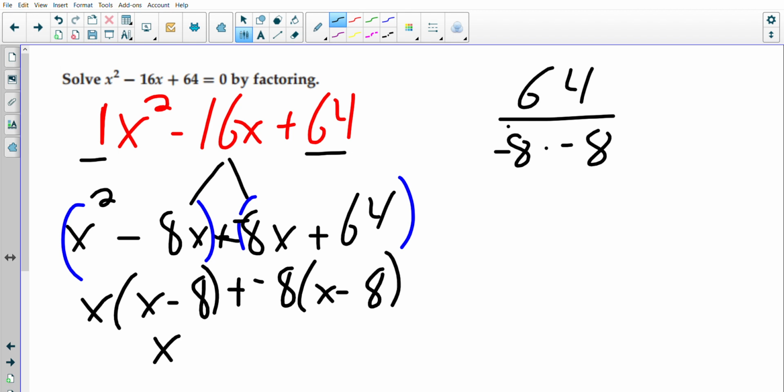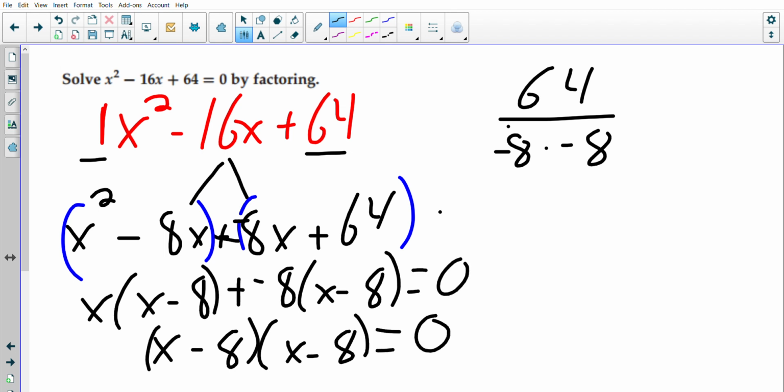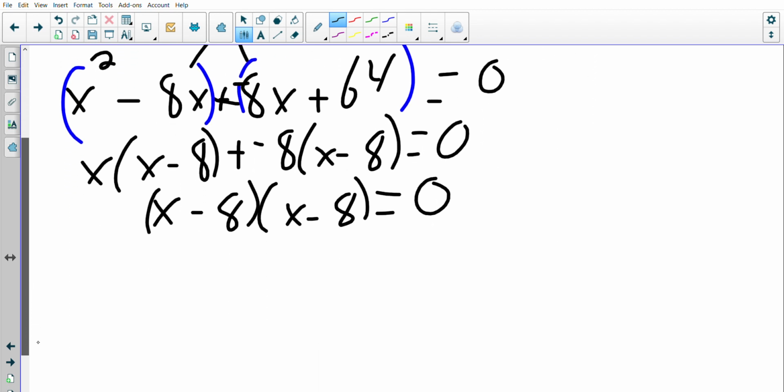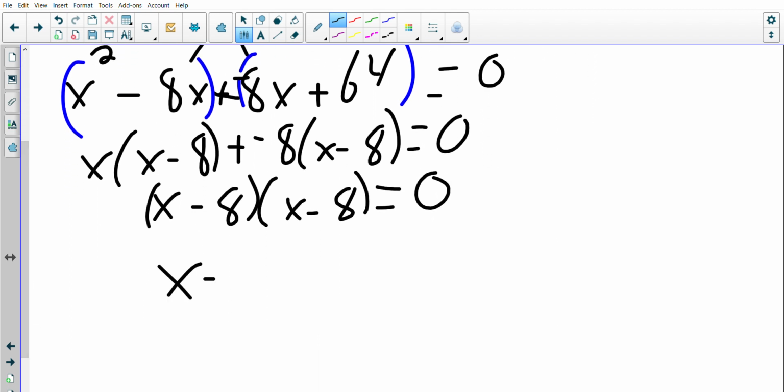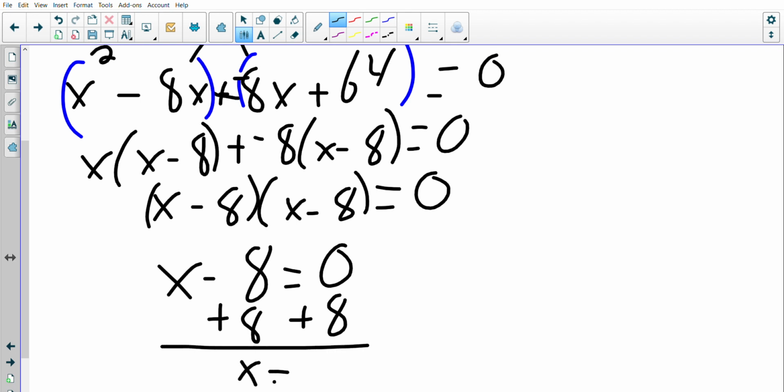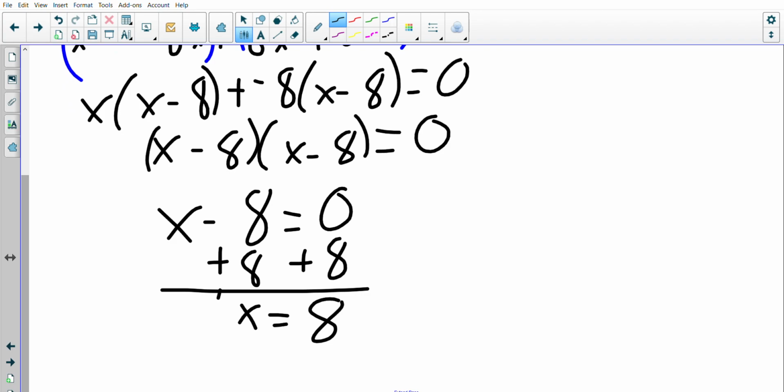So we actually just have x minus 8 times x minus 8. They're the exact same thing, so realistically, we only have to do it one time. So x minus 8 has to be equal to 0. Add 8 to both sides, so x is equal to 8. We only have one answer in this problem, and that would be x equals 8.